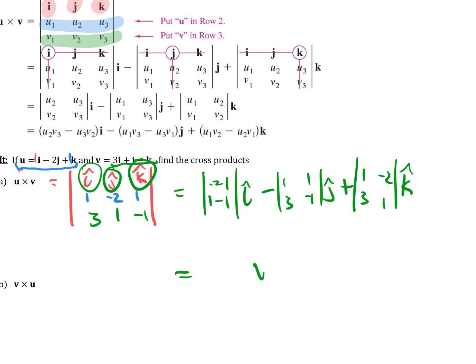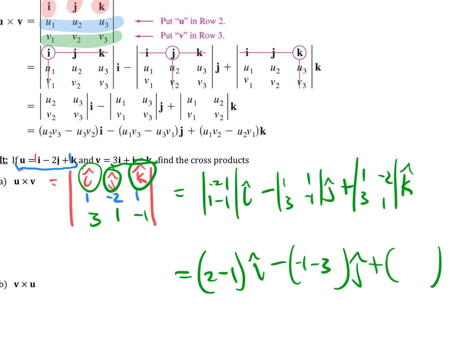So we got our I, and this is going to be, we'll have -2 times -1. That's going to be 2. Minus 1 times 1, which is 1. Determinant. -1. So multiply those. -1, multiply those, 3. So -1 minus 3. Find the determinant here. 1 times 1 is 1. 3 times -2 is -6.